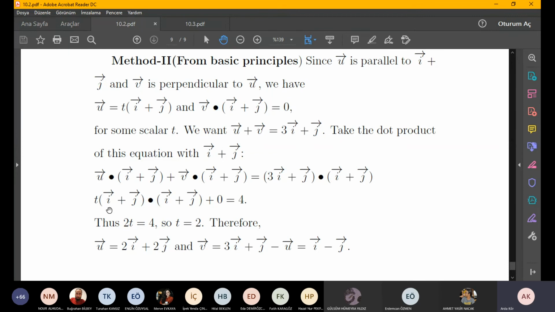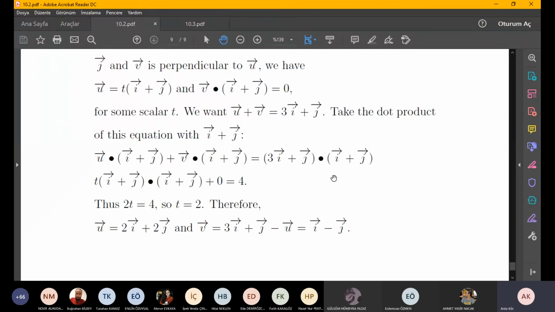On the right side, it has to be 3 times 1 plus 1 times 1, which has to be 4.